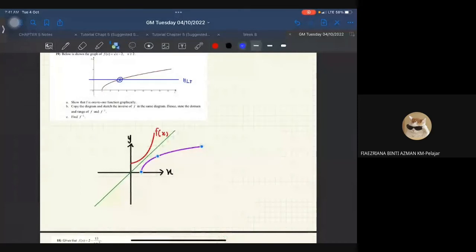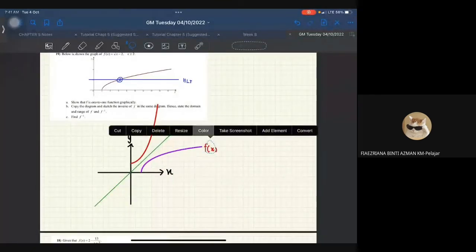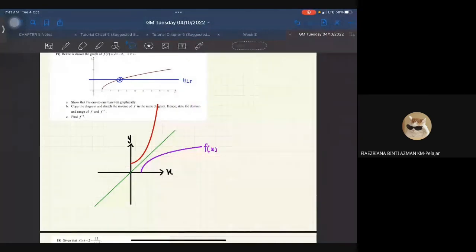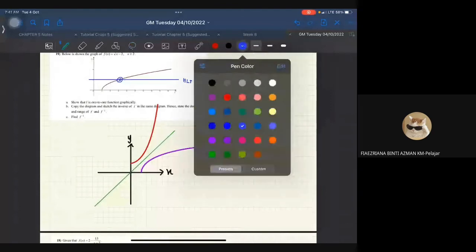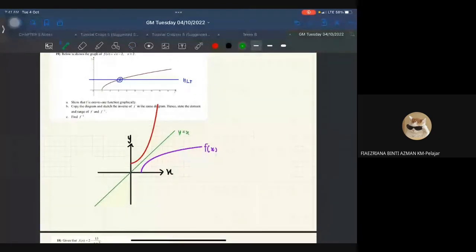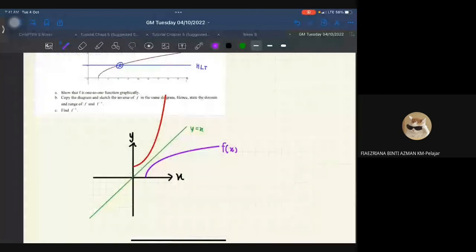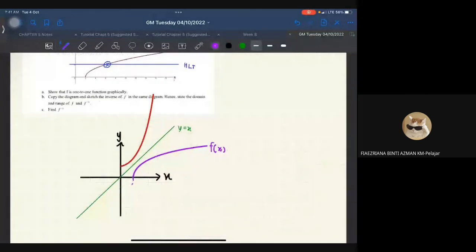And then this is gonna be like this. Okay, so graph yang warna purple is the original graph. Right, and then kita pantulkan dia pada line y equals to x yang saya ada tu, warna hijau tu. So this is y equals to x. Okay, so dapatlah line yang warna merah. Okay, so kalau ikutkan, kita punya starting point for the purple, dia adalah pada point 2, 0. So this is 2, 0.